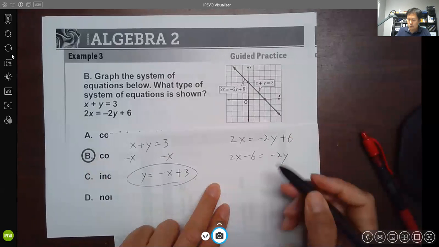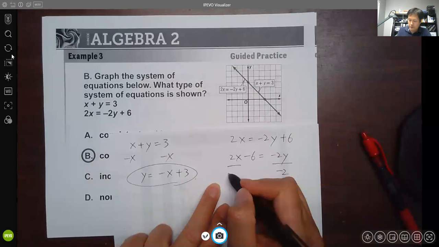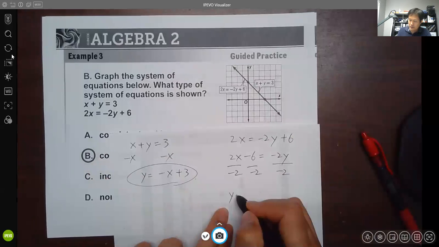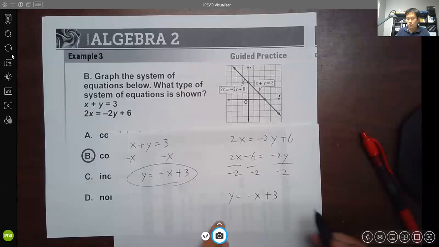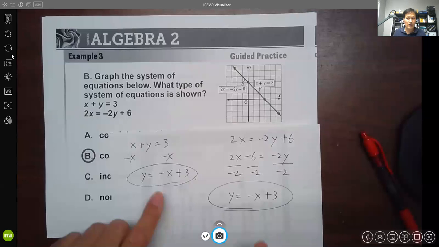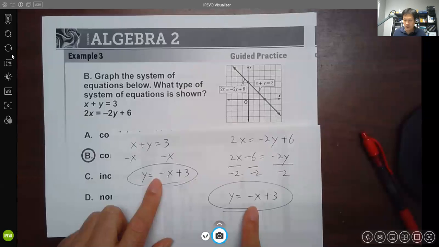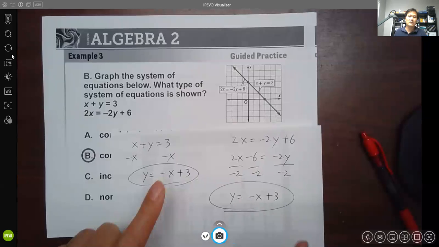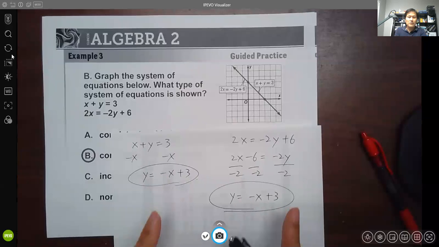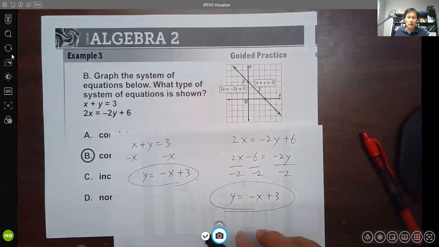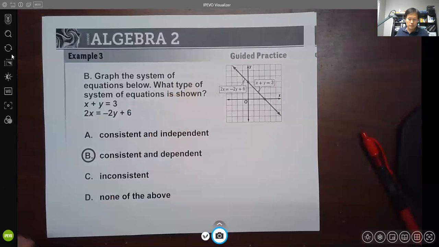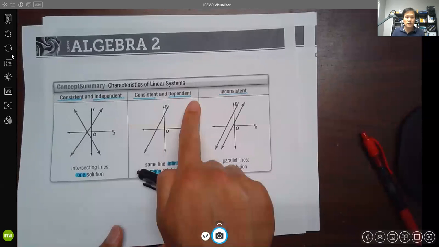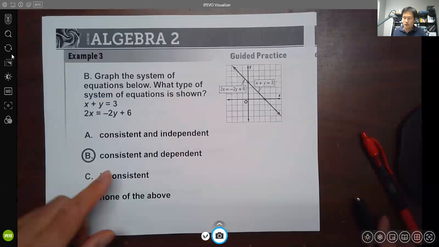Divide by minus 2 everywhere: y equal to minus x plus 3. Look at it, isn't that exactly the same? Slopes are the same, y-intercepts are the same. Basically, they are the same line, so infinitely many solutions. Infinitely many solutions means consistent dependent.